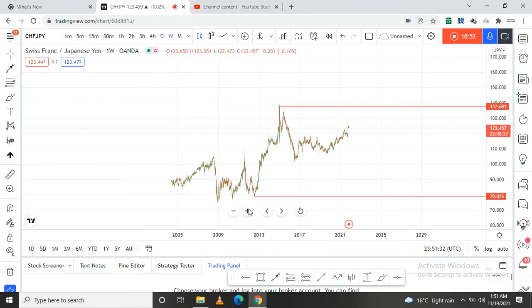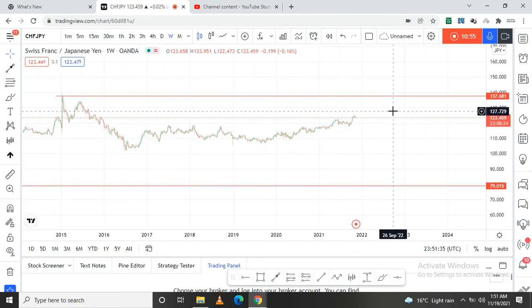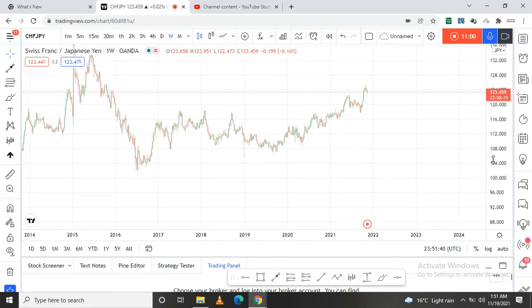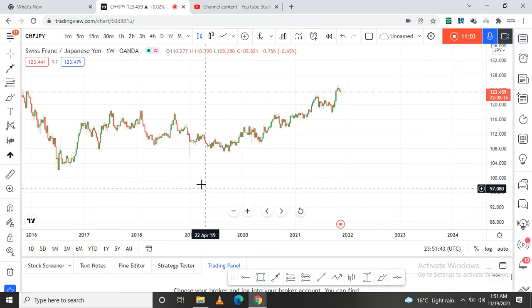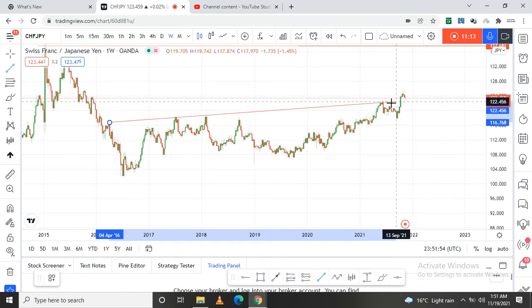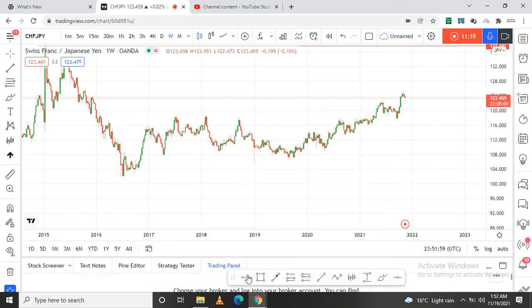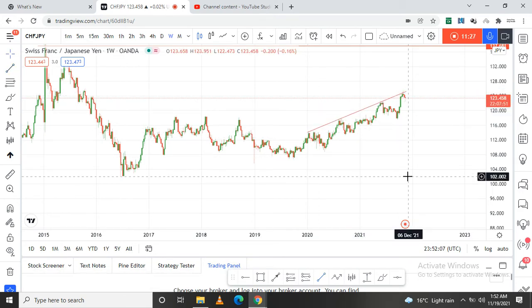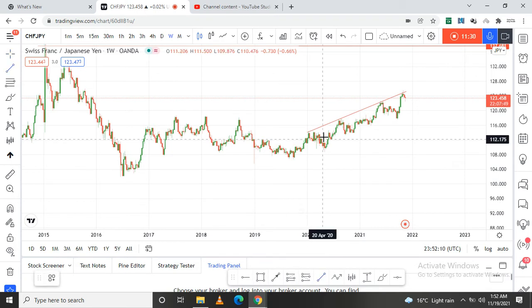So if I start to zoom in, and then I start to cater for my touches, if I maybe mark it like this, it doesn't make sense. Let me just go to the current price action, and then if I mark those swing points, it starts to make sense.